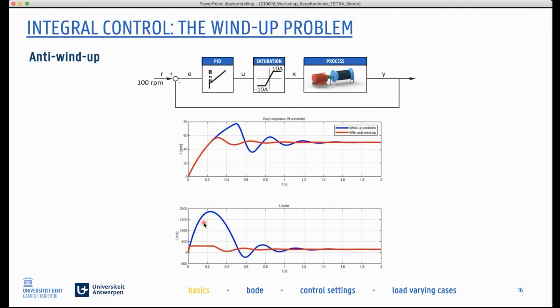It's a small motor, and your integrator wants to put a much higher value in. Your integrator is not aware of the fact that your process is saturated, and if your integrator is not aware, then the value can get really large, and that leads to very large overshoot and sometimes to instability.